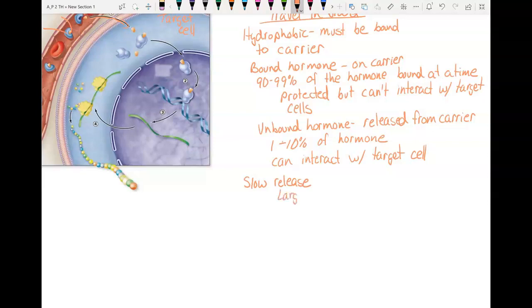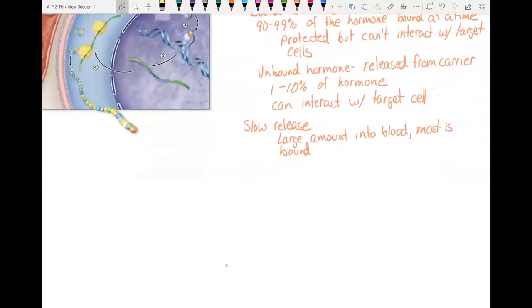And slowly, over the course of hours or days, that hormone becomes unbound and interacts with target cells. It's not all at once, it's only 1 to 10% at a time that becomes unbound.